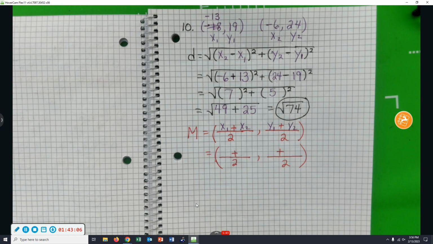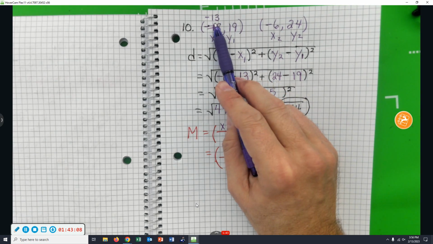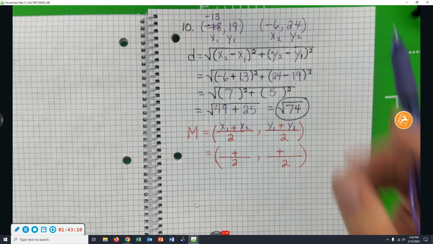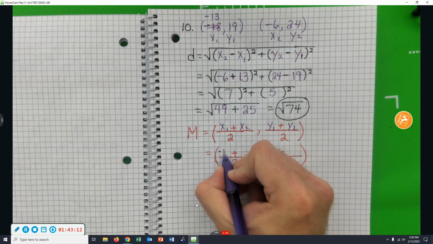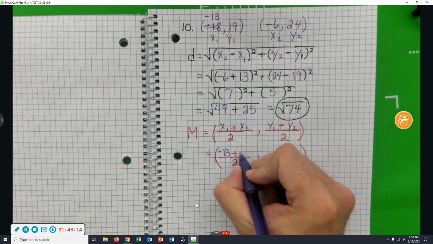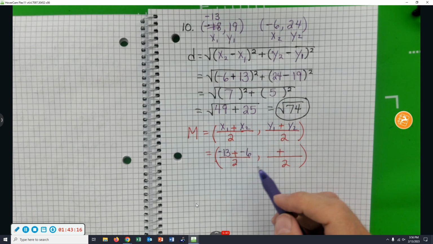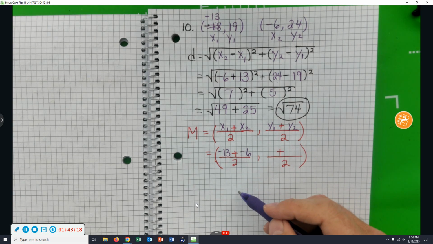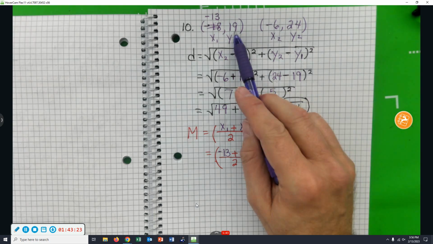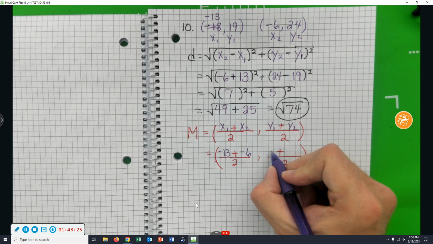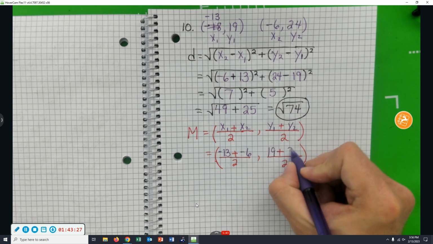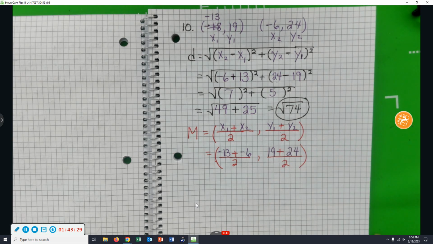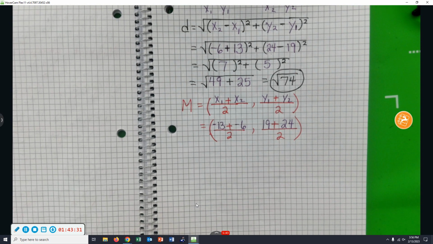Okay, so negative 13 plus a negative 6, that'll be a negative 19 over 2. And what about the y's? 19 plus 24 all over 2.